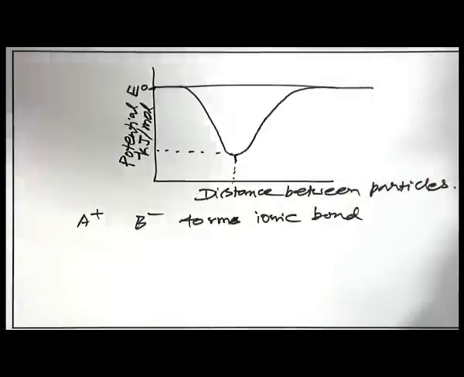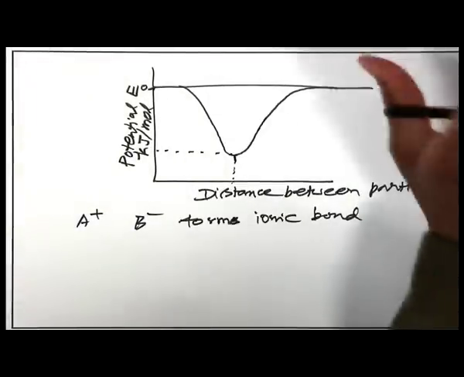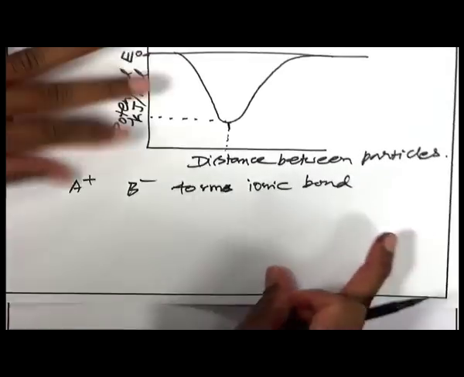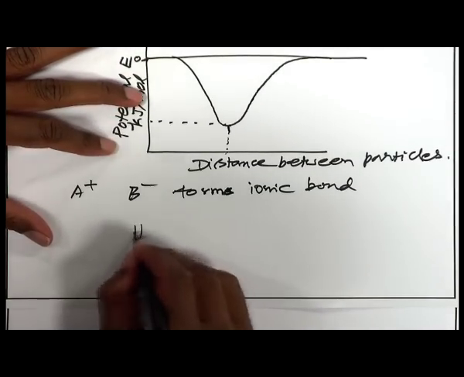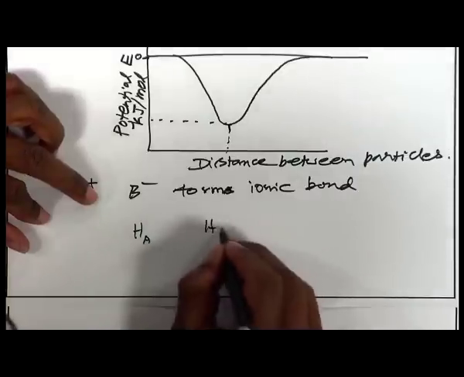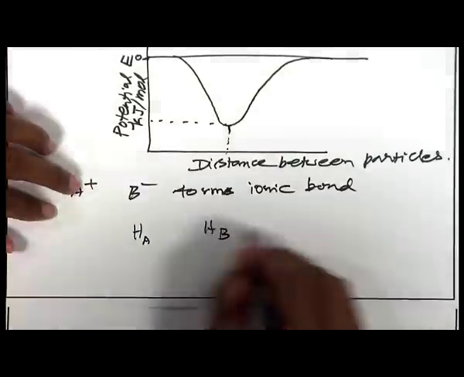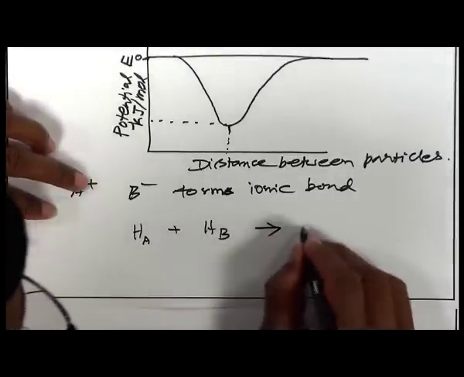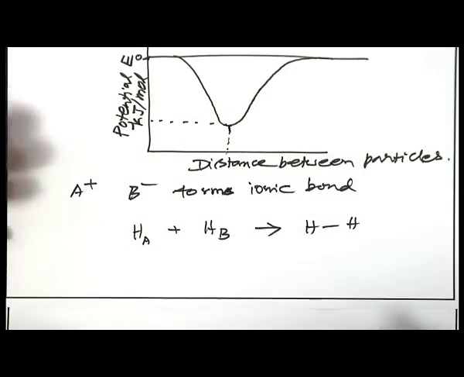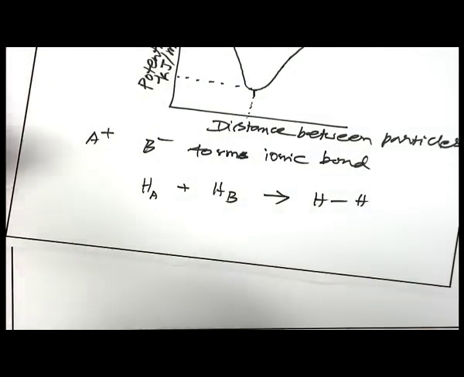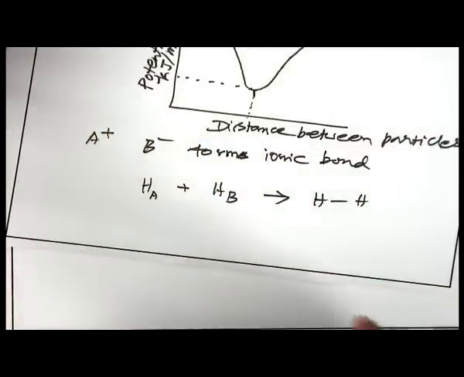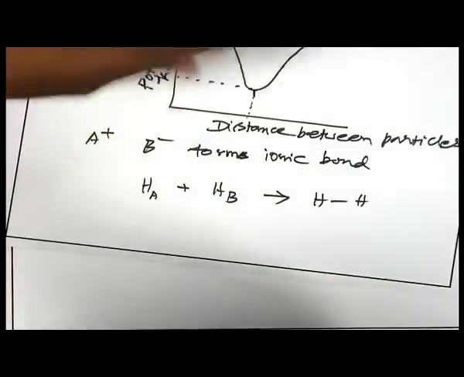Okay. What about bonding between two neutral atoms? For example, hydrogen atom A and hydrogen atom B, and then they form a hydrogen molecule. How do you explain the bonding between two hydrogen atoms, which are neutral, by this model?